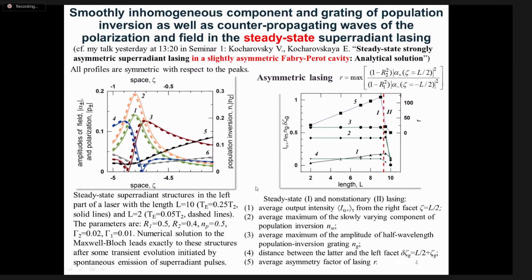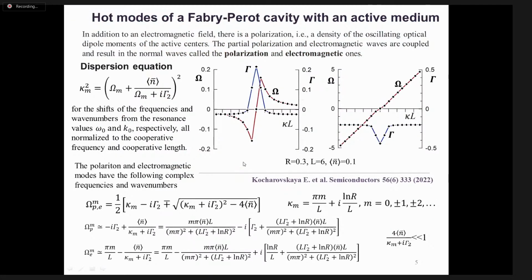But in a wide range of parameters, this asymmetry exists. And the oscillations of this state are due to Rabi oscillations of active centers, population inversion, and dipole moments of active centers in the field of the central lasing mode.